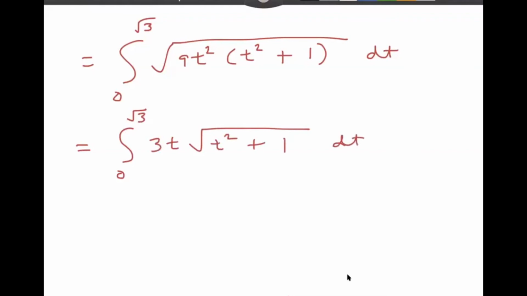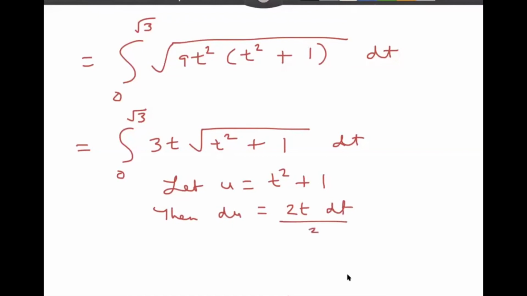All right, so I believe what we need here is a basic substitution. We're going to let u equal t squared plus 1, which is going to make du 2t dt. All right, what we want is a 3, not a 2. So let's just get rid of the 2 and we'll replace t dt with 1/2 du.